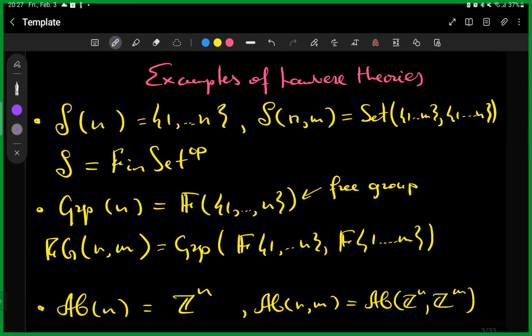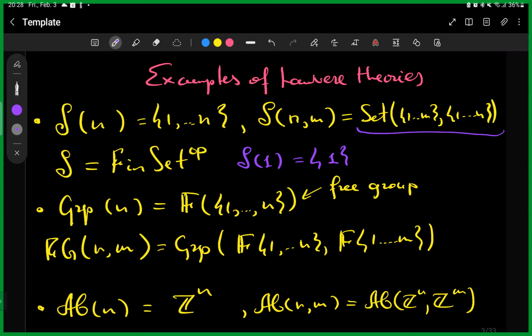So the image of 1 is just a singleton set, and this object generates the category under products. Well, and similarly, we have these sets of morphisms. So since it's an opposite category, we have to transpose the two arguments.